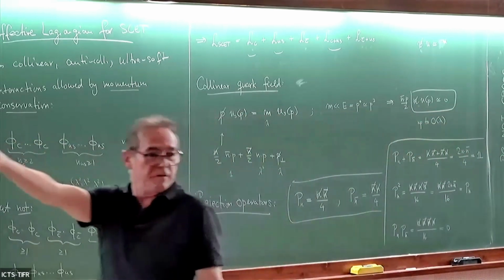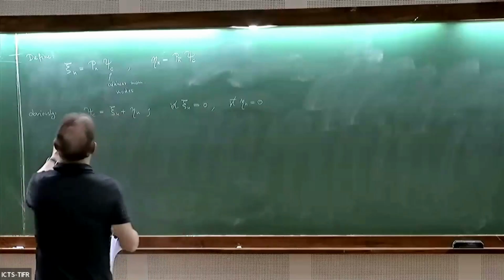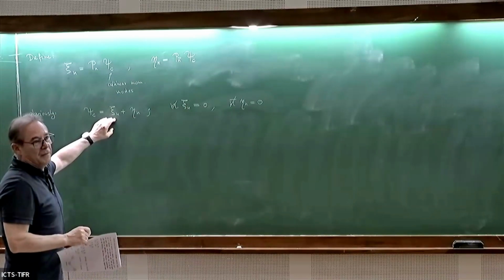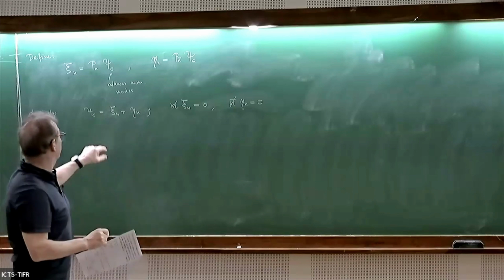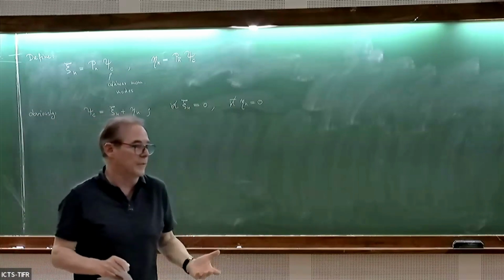Xi does satisfy that exactly, okay? So we will use xi as a good interpolating field for a collinear particle because it has the same quantum numbers as the original field, and the original field approximately satisfies this equation, xi satisfies this exactly. So it's a good interpolating field.